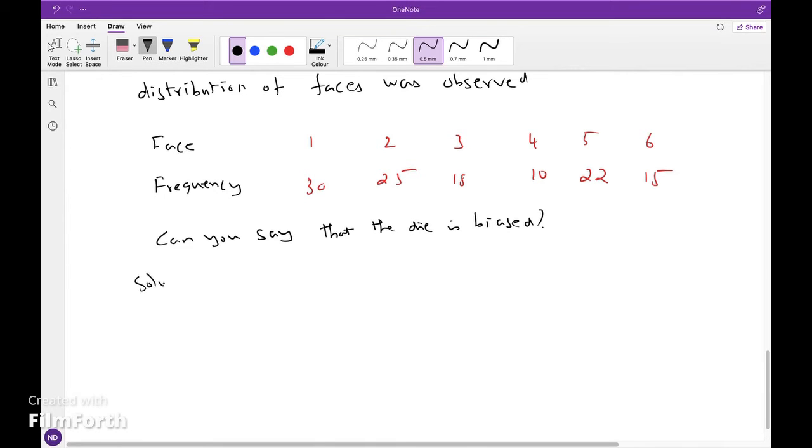Solution. First, assume the null hypothesis H0: the die is unbiased. The alternative hypothesis H1: the die is biased.